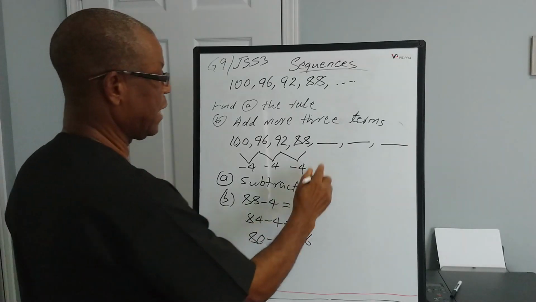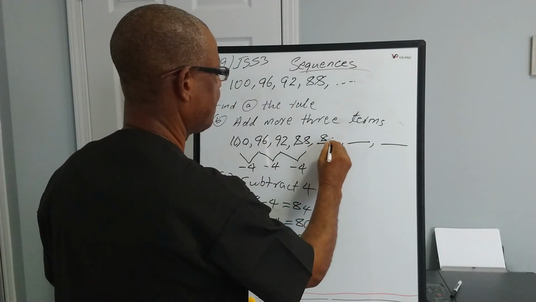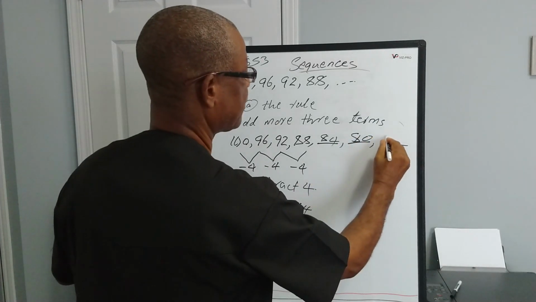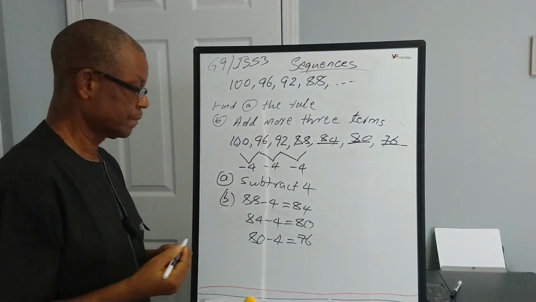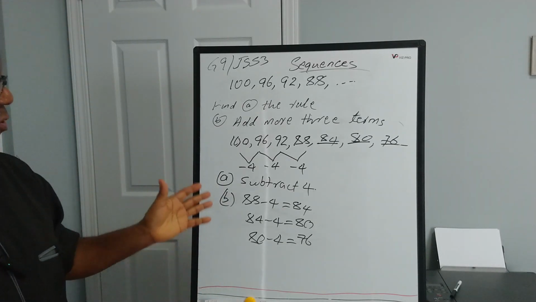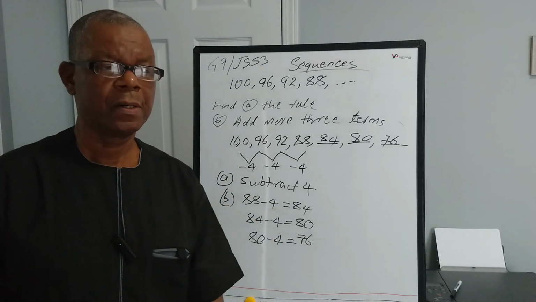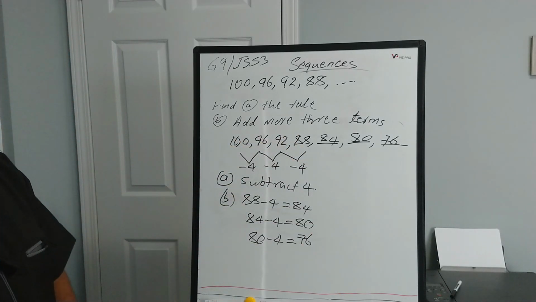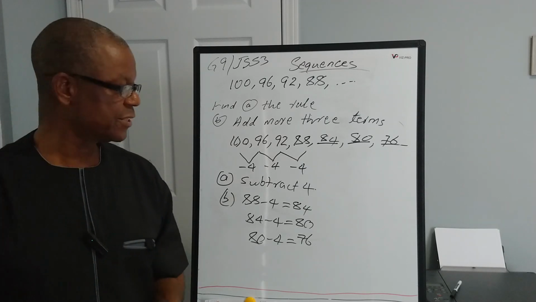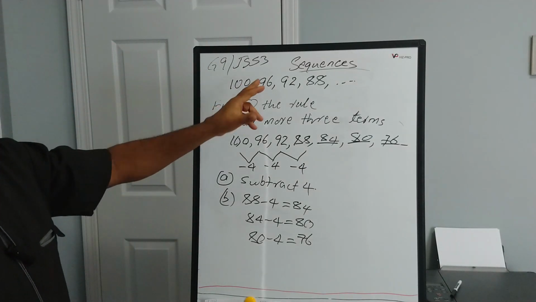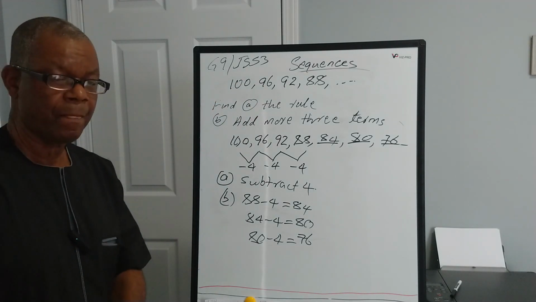So we have here 84, here 80, while here we have 76. We have found a rule that says subtract 4. We have found the more 3 terms as we were expected to do, giving us 84, 80, and 76. That is for this particular sequence.